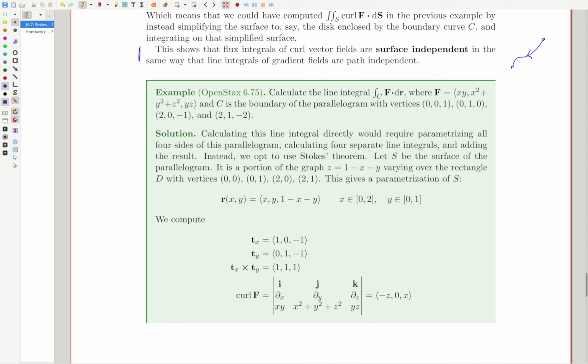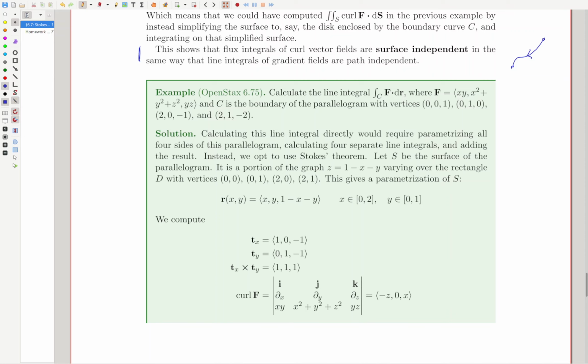Instead, if we use Stokes' theorem, we can get around that complexity, so long as the region that we're integrating over isn't too bad.